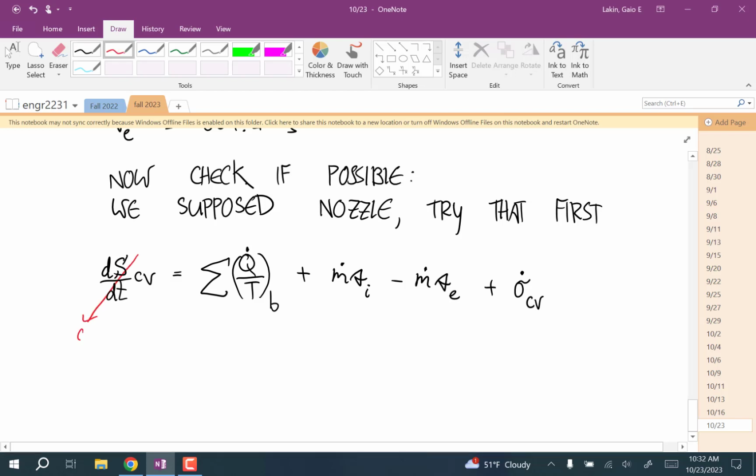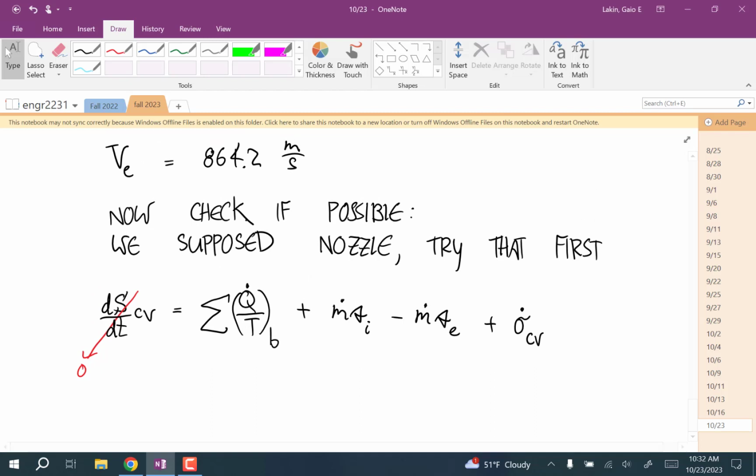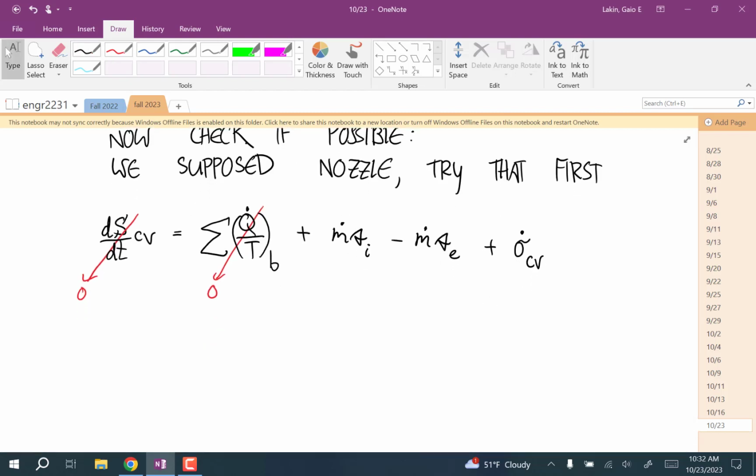Steady state also means this is equal to 0. Q is equal to 0, so this goes away. And so we have that the specific entropy at the exit minus the specific entropy at the inlet is equal to the rate of entropy production over mass flow rate.